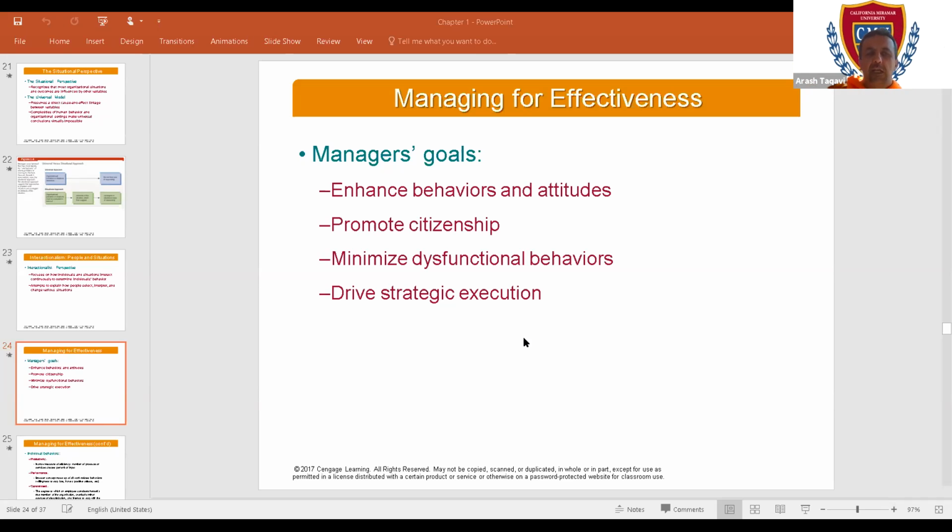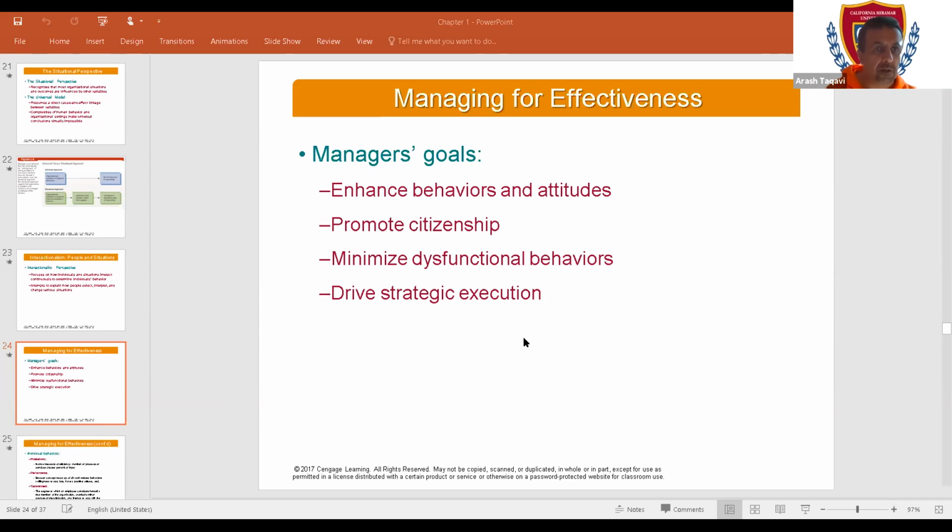So output is always smaller than input, and the ratio is always smaller than 1. The manager's goal is to enhance behaviors and attitudes. We are talking about the scales of measurement of effectiveness. Promote citizenship and minimize dysfunctional behavior.